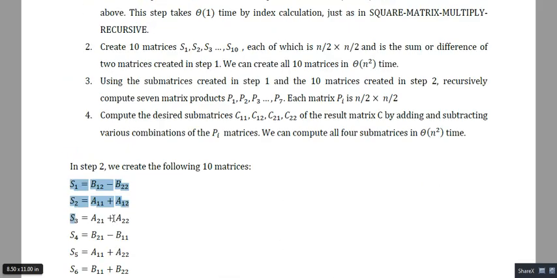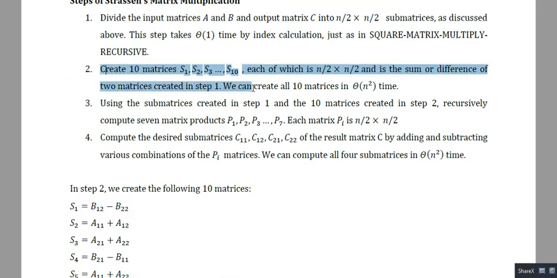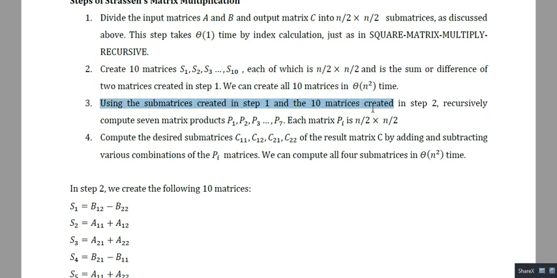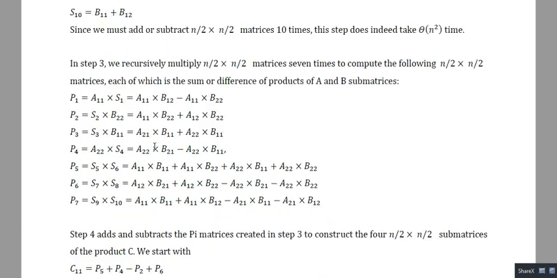Okay, so once this step is done, we can go for step 3, and again in step 3 we have to find 7 matrices named P1, P2, P3 up to P7, and again each of their sizes will be n by 2 cross n by 2, and the values of P1, P2 up to P7 are like this, right?